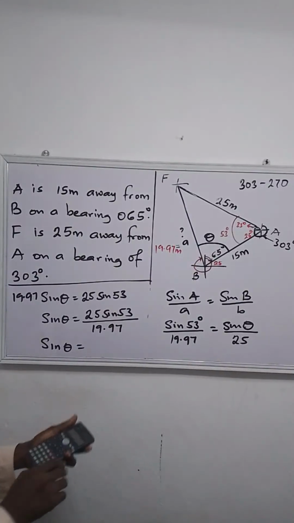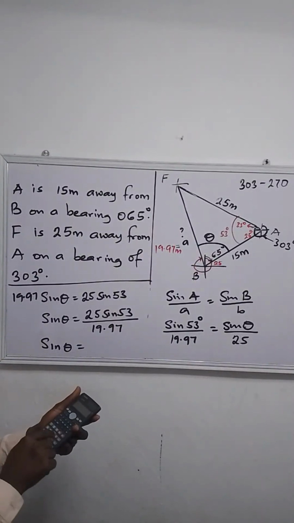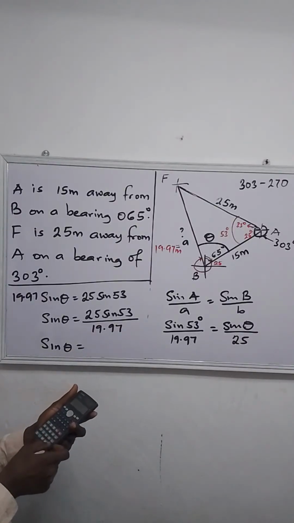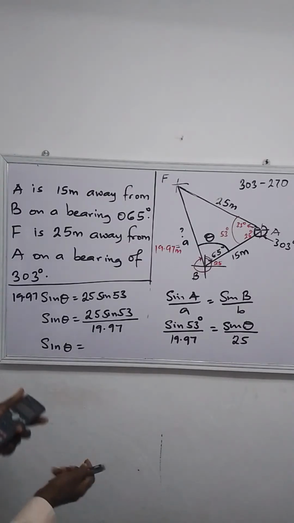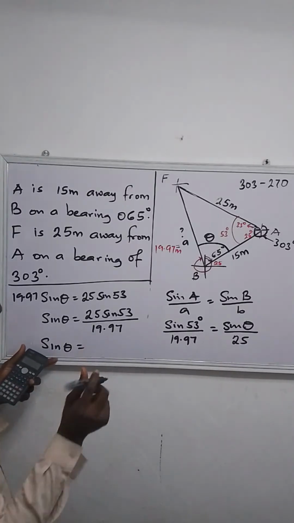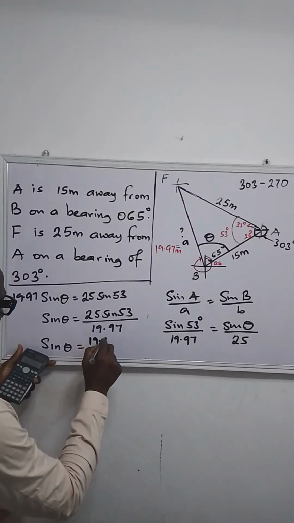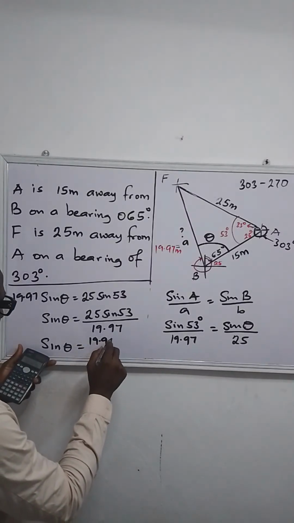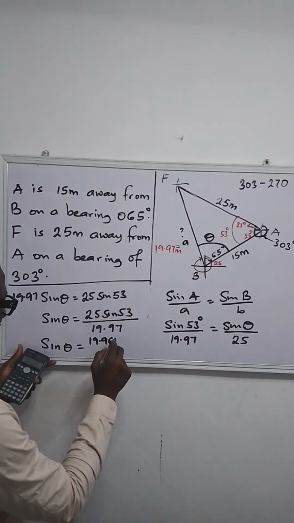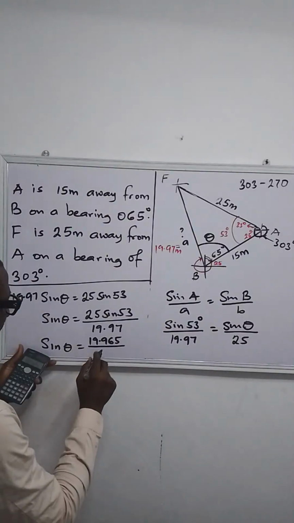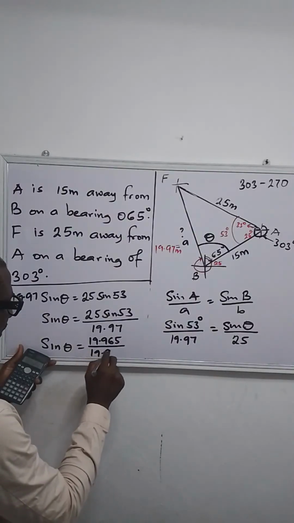Now you can compute this on your calculator. Let's see what you're going to have. You have 25 times sine 53. When you do that, you can confirm that we have 19.965, everything over 19.97.